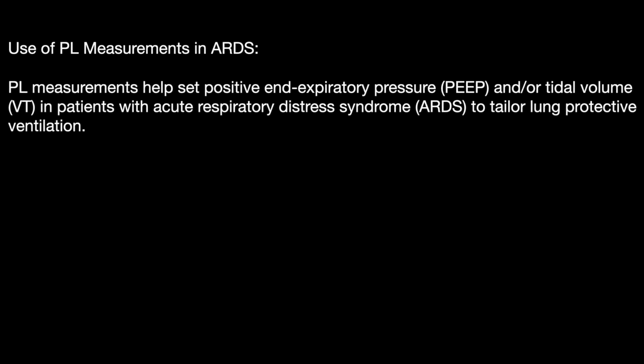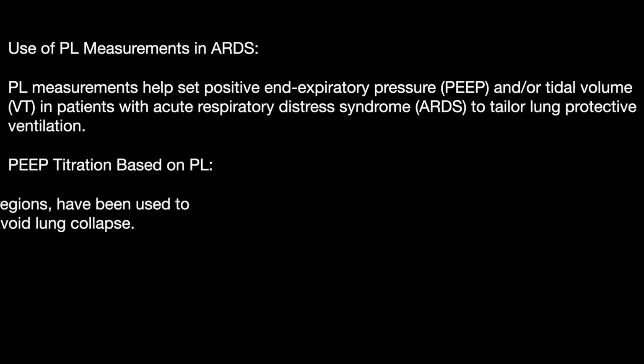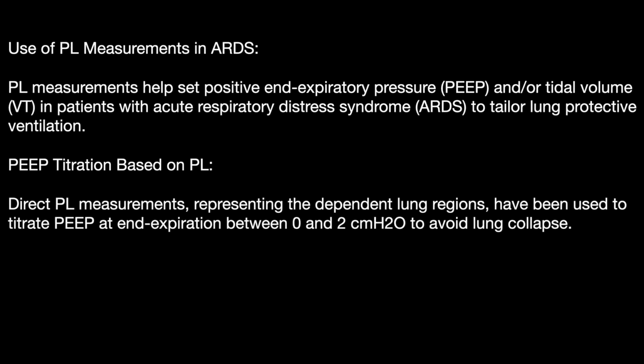So, where do we use this transpulmonary pressure? In ARDS, the transpulmonary pressure helps in setting the PEEP, finding out the optimal tidal volume for the patient, and to basically establish lung protective ventilation. So how to titrate PEEP based on the transpulmonary pressure?